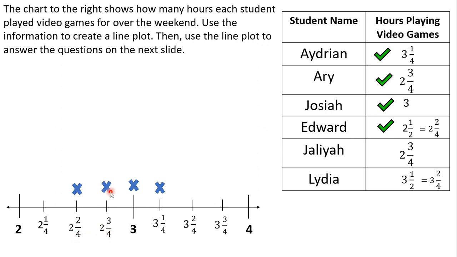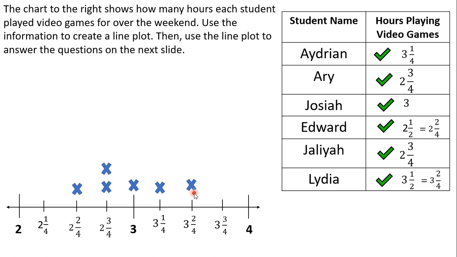There's already an X above 2 3/4 hours, so we're going to put an X above the X that's already here to represent how long Jalea played for. This means 2 students played for 2 3/4 hours. Finally, Lydia played for 3 1/2, or 3 2/4 hours. So we'll find 3 2/4 and place an X above that.